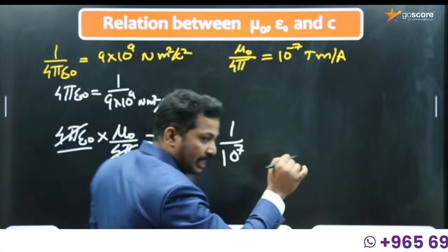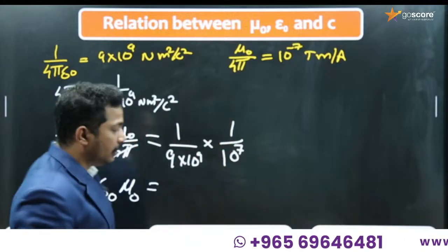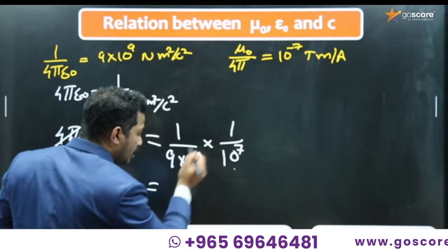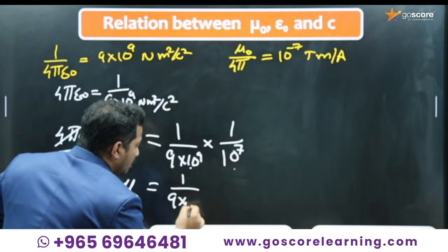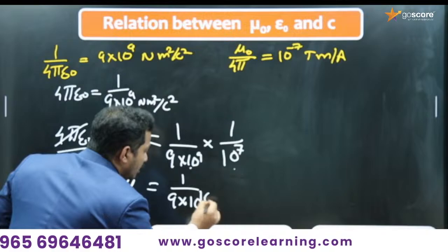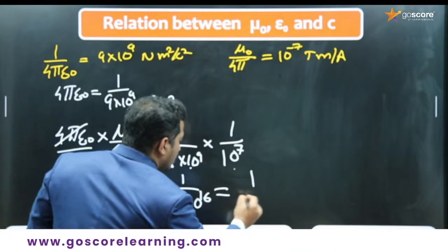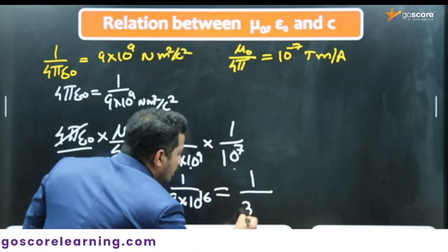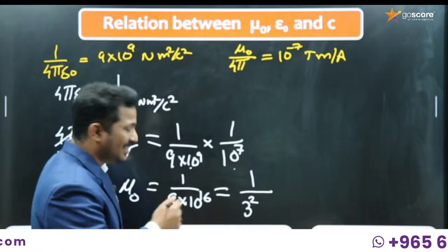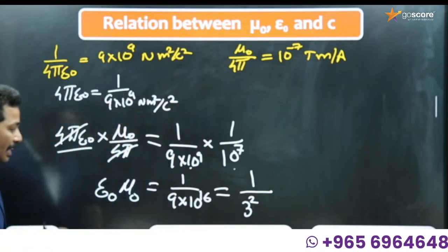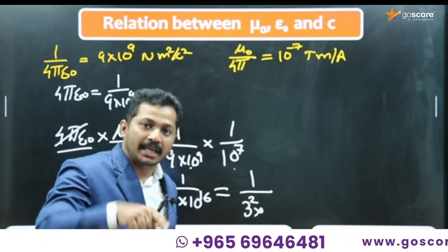What is x raised to m into x raised to n? It is x raised to m plus n, right? So here it is simply 1 by 9 into 10 to the power 9 plus 7, which is 16, right? I wish to write 9 as 3 square. Why am I writing 9 as 3 square? Let's see. And what is x raised to m, all raised to n?